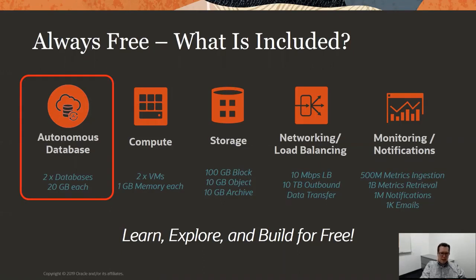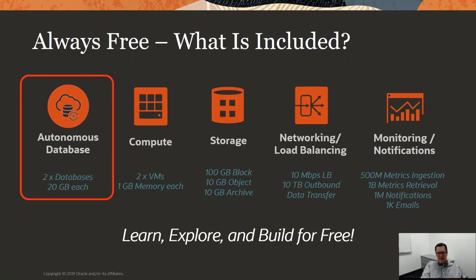You also get 10 gigs of always free object storage running in Oracle Cloud Infrastructure, and 10 gigs of always free archive storage. You get a load balancer, the 10 Mbps shape of Oracle Cloud Infrastructure load balancer. It's nice to have a load balancer in front of your VMs. You get a helping of networking data egress, as is common practice in the cloud.